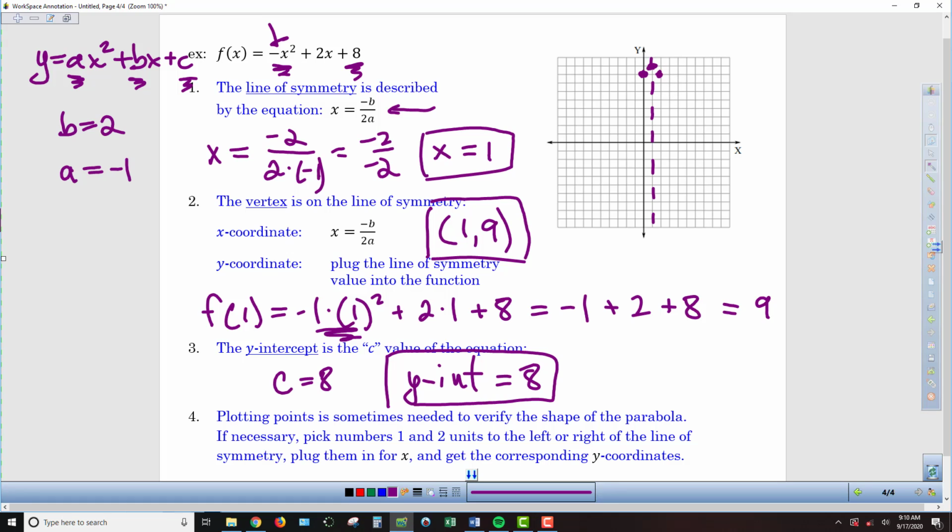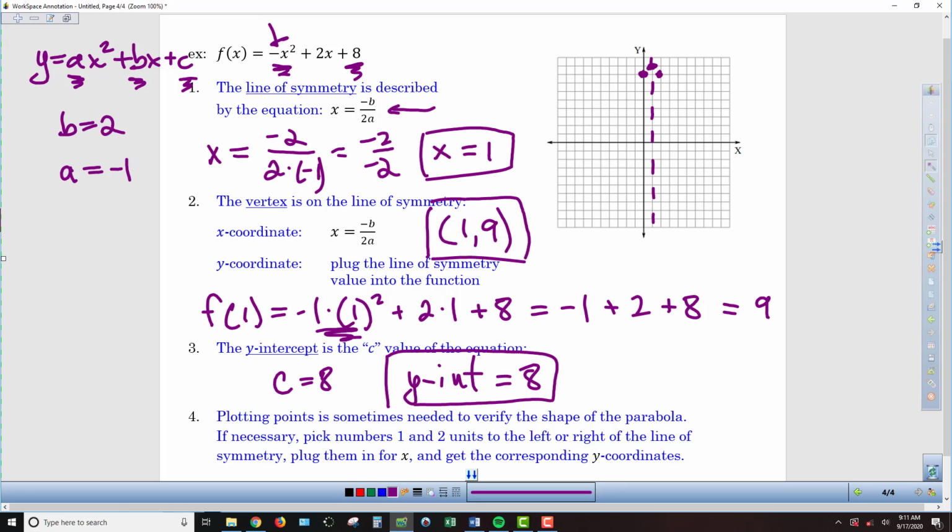Now, these points clustered so close together don't give me a great picture as to what's going on with my graph. I'd like to have just one more point that will help me get a better sense of the width of my graph.